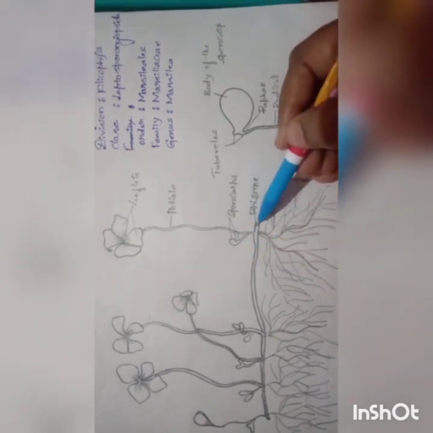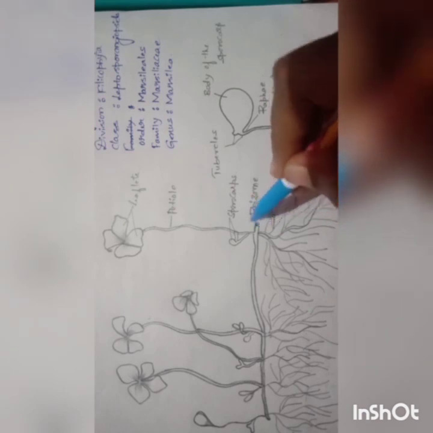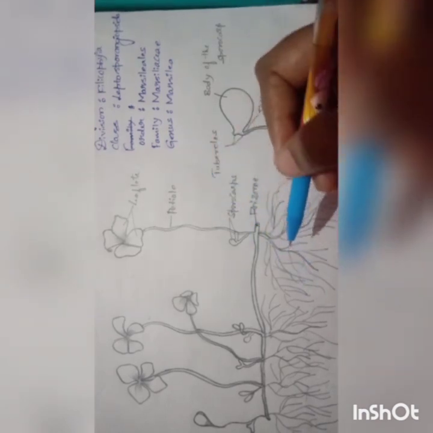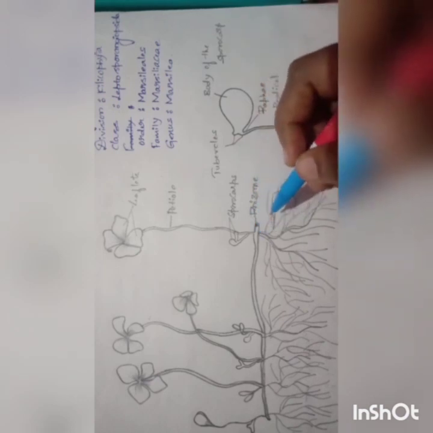The stem is a slender and dichotomously branched rhizome of indefinite growth that creeps on or just below the surface of the soil. This is the rhizome, that is the stem part. It is present on the soil, sometimes present below the surface of the soil. This is called rhizome.